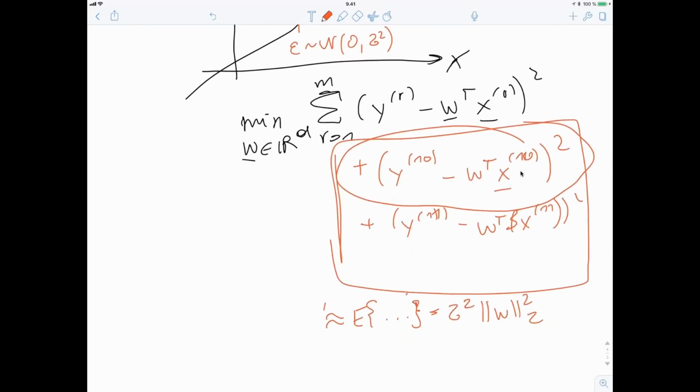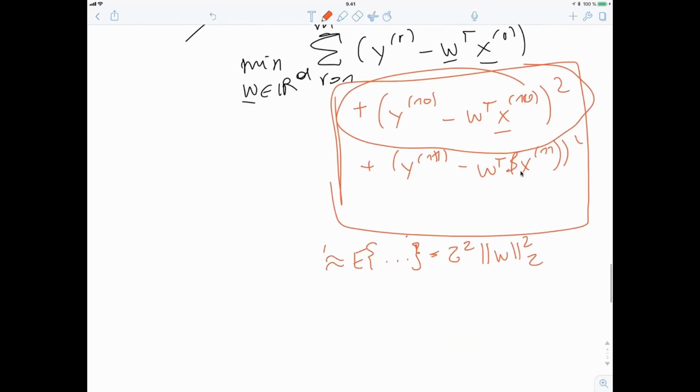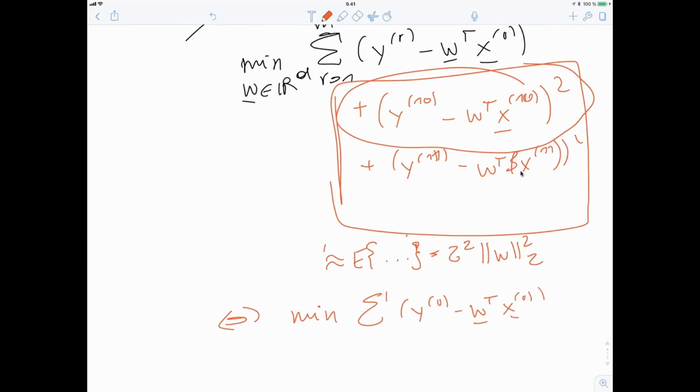So what we see is that data augmentation with infinitely many perturbations becomes equivalent to minimizing the average squared error loss on the original training set, plus another term which corresponds to all these additional error terms on the augmented data points, which is sigma squared times the norm of w squared.